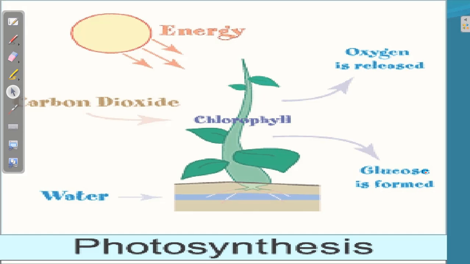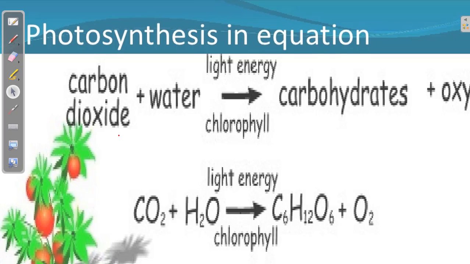Photosynthesis has a very common equation. This is an unbalanced equation. We write it as 6CO2 plus 6H2O, in the presence of sunlight, that is light energy, and chlorophyll, gives you C6H12O6. This is the molecular formula for glucose, and we generally write that oxygen is released into the environment.